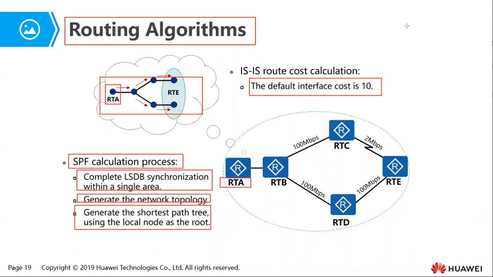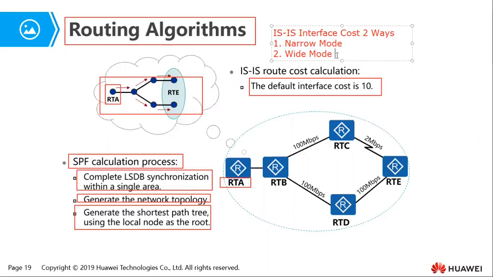When it comes to IS-IS interface cost, we have two ways to do it. One of them is called the narrow mode, and the next one is called the wide mode. I actually learned about this, but I've forgotten a little bit, and the notes on HCIP are not explaining it very well.